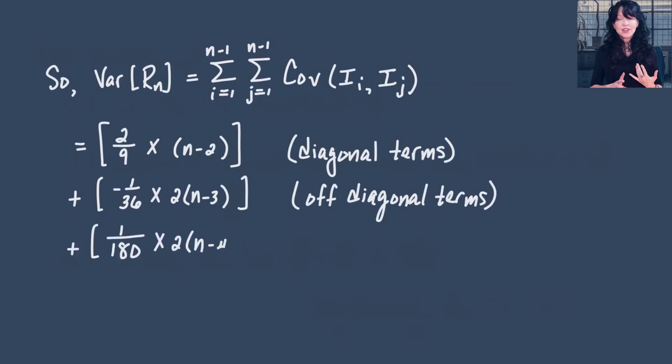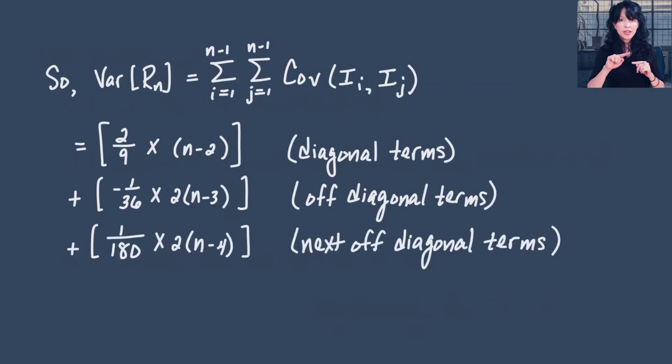And finally, I've got 1/180 appearing on the next diagonal, which has n minus 4 terms on both sides. So I get 1/180 times 2 times n minus 4, and everything else was 0. When you add all these up, you get (16n minus 29)/90 as claimed.